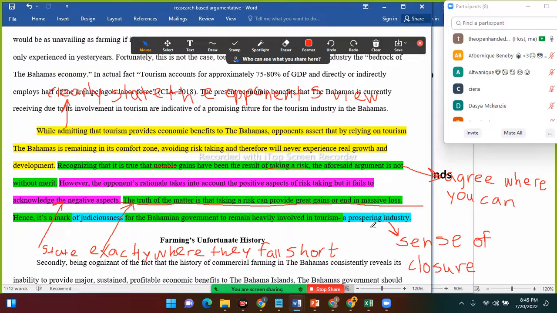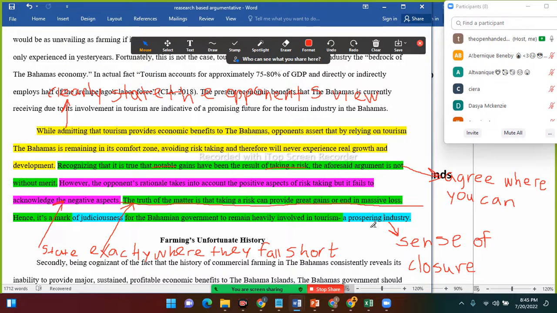You understand? So I'm still saying it's a prospering industry, reaffirming that the economic benefits are why we are staying with it. So that's my rebuttal.